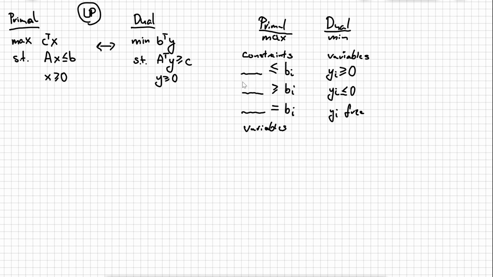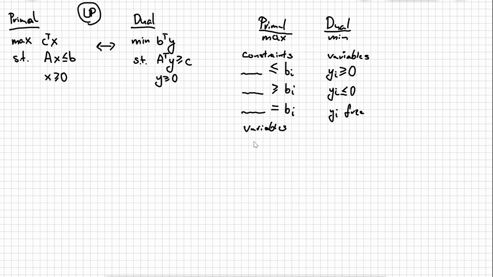For a constraint that was less than or equal, the dual variable will always be greater than or equal to 0. For a constraint that's greater than or equal to some right-hand side, the dual variable will be non-positive: negative or 0. And for equality, the dual variable is free. It is either positive, negative, or 0, any value.